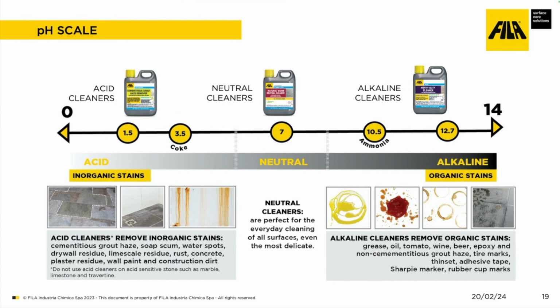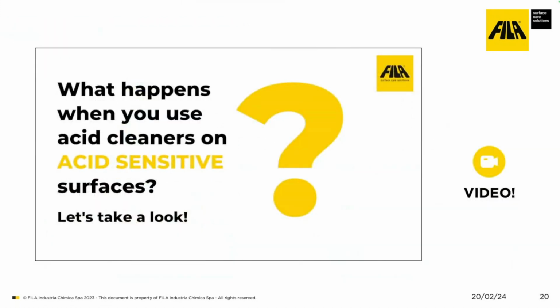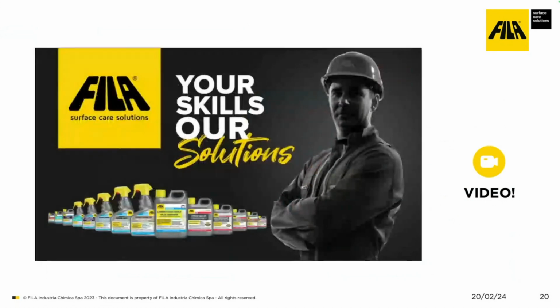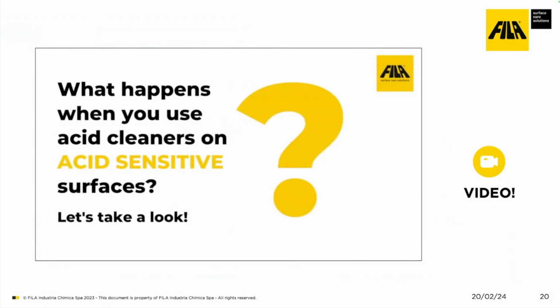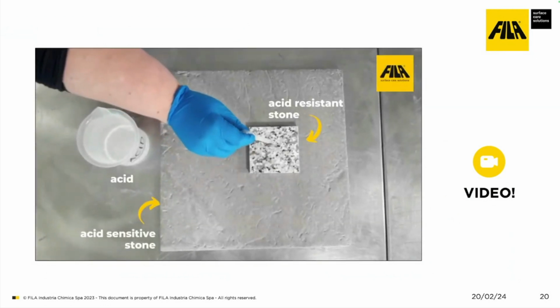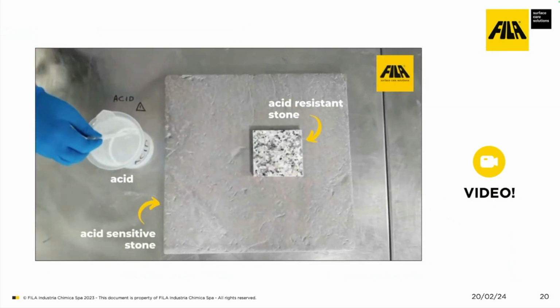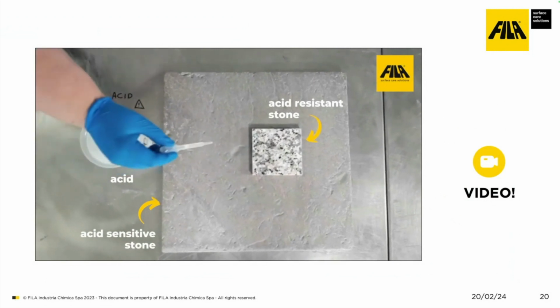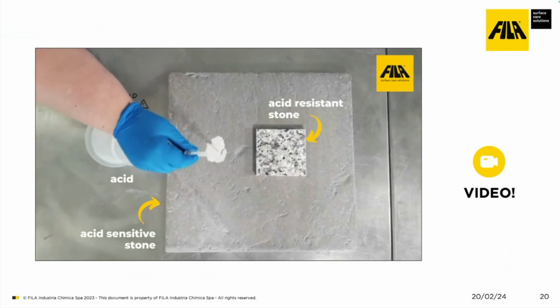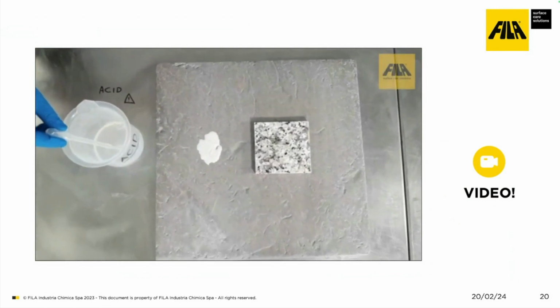Now, the following slide. I was saying that all three cleaners can be used on natural stones, but we need to pick one depending on the chemical composition. What happens if we use an acid cleaner on an acid sensitive stone? I think we have a video here that will show what happens if we use, for instance, Dieterdeck, an acid, on a piece of granite, and the same Dieterdeck on a limestone.